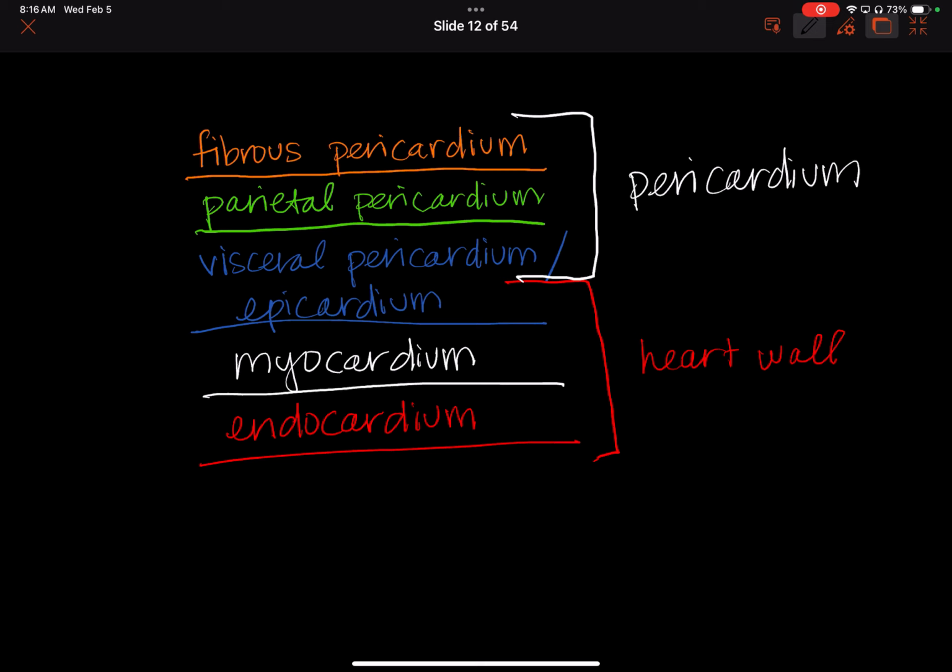And so essentially the visceral pericardium and the epicardium are the same thing. Right? But we call it the visceral pericardium when we're referring to the pericardium in those outer layers, and then we call it the epicardium when we're referring to the heart wall. Don't ask me why they gave two names for the same thing, but that's kind of how it goes. It'll be the same thing for another organ that we'll talk about a little bit later.